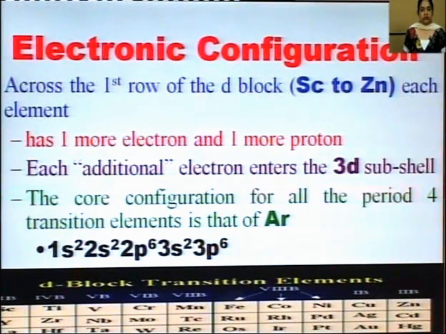Each additional electron enters the 3d subshell. The core configuration of all the period 4 transition elements is that of argon: 1s2, 2s2, 2p6, 3s2, 3p6.